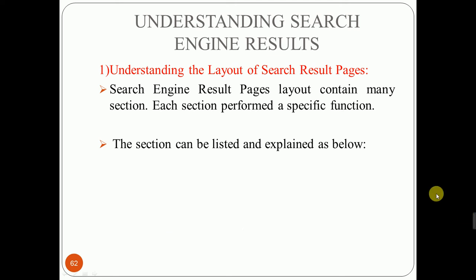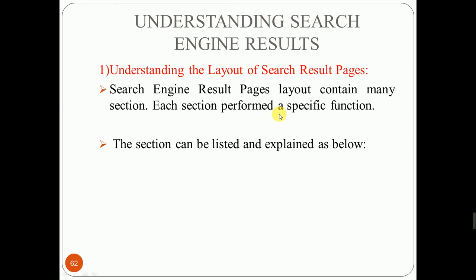Different search engines have different layouts, so we will understand which type of layout each search engine has. This different layout is divided into different parts. The first part is called understanding the layout of the search engine result page.